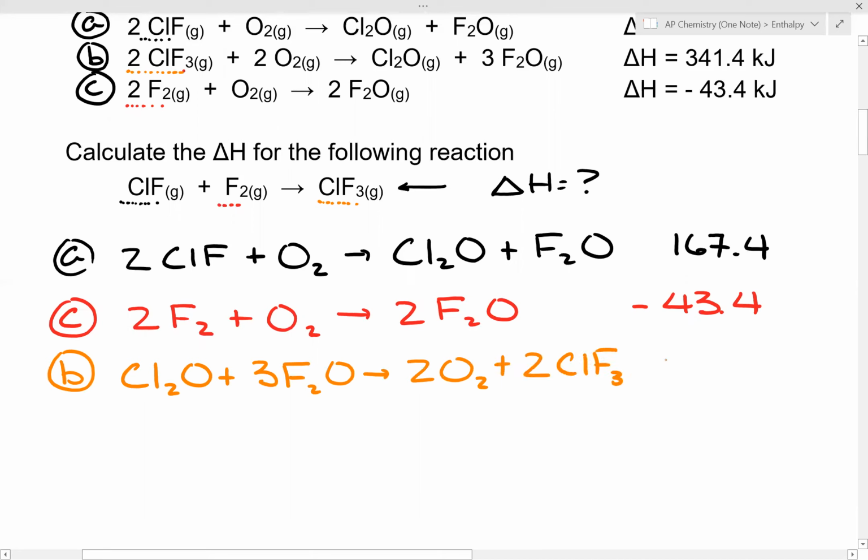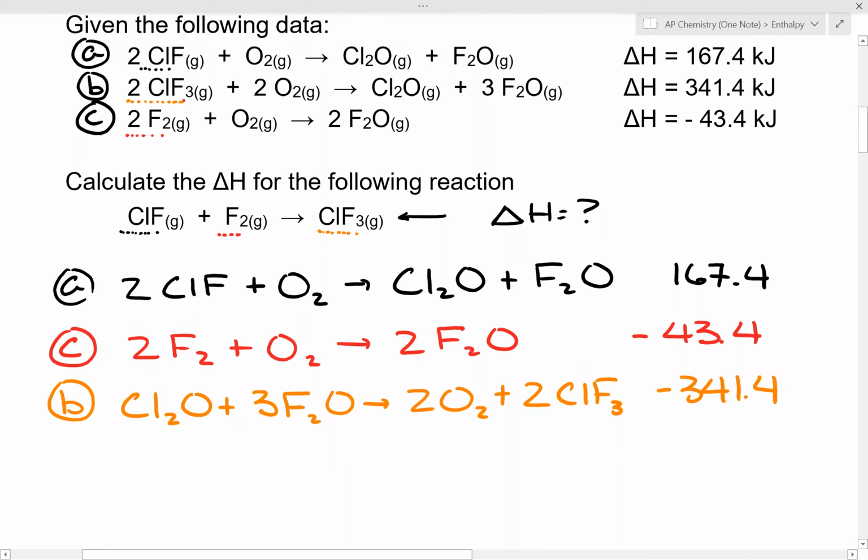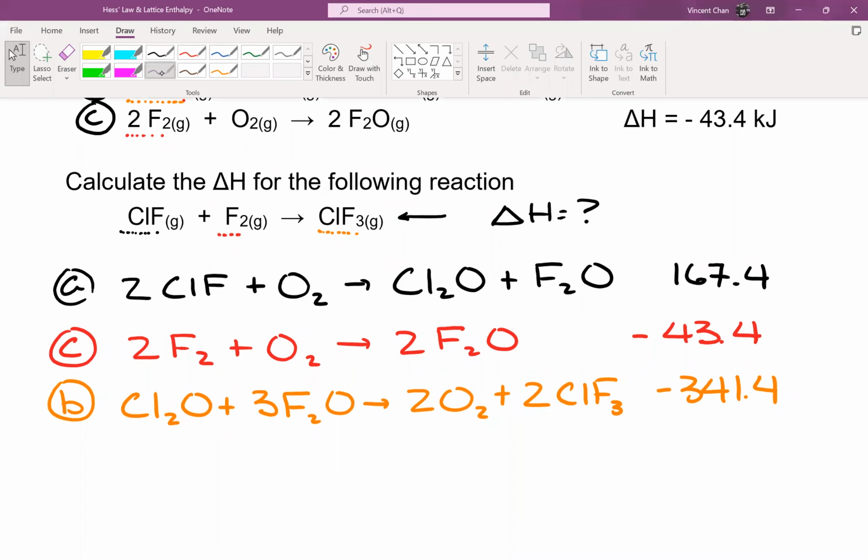And I need to flip the sign to negative 341.4 kilojoules.